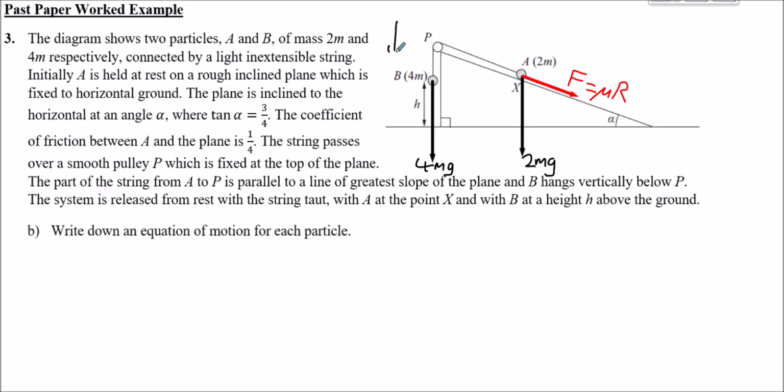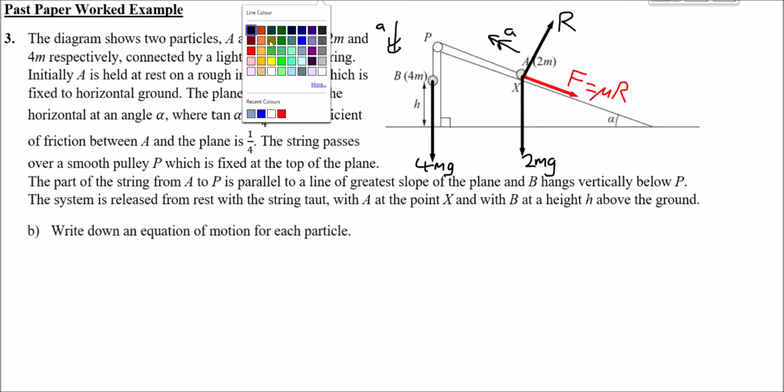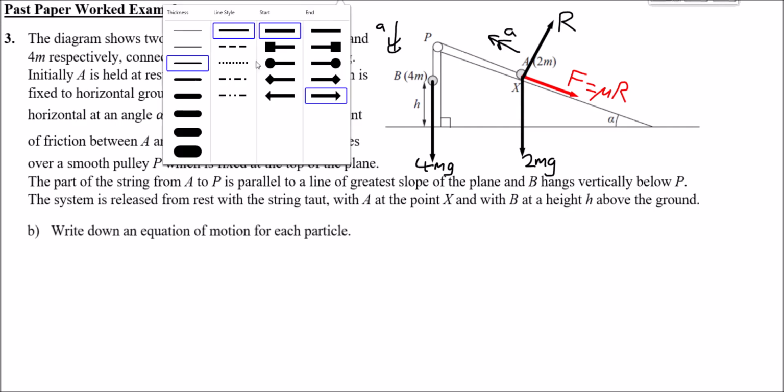So the acceleration is going down relative to B, it will be going up the slope relative to A. As well as that, there's going to be a normal reaction acting upon A from the slope. So I'll label this R. Then, of course, what we need to do is resolve this weight of A into components parallel and perpendicular to the slope.